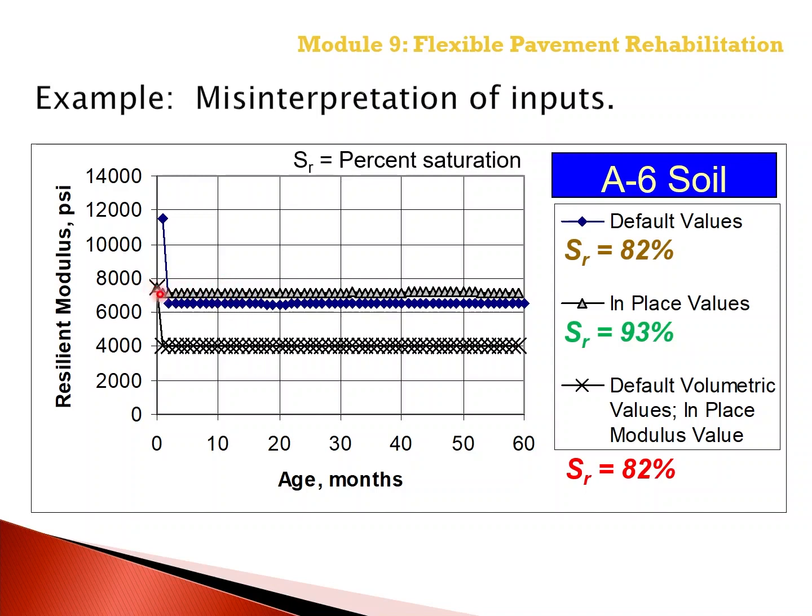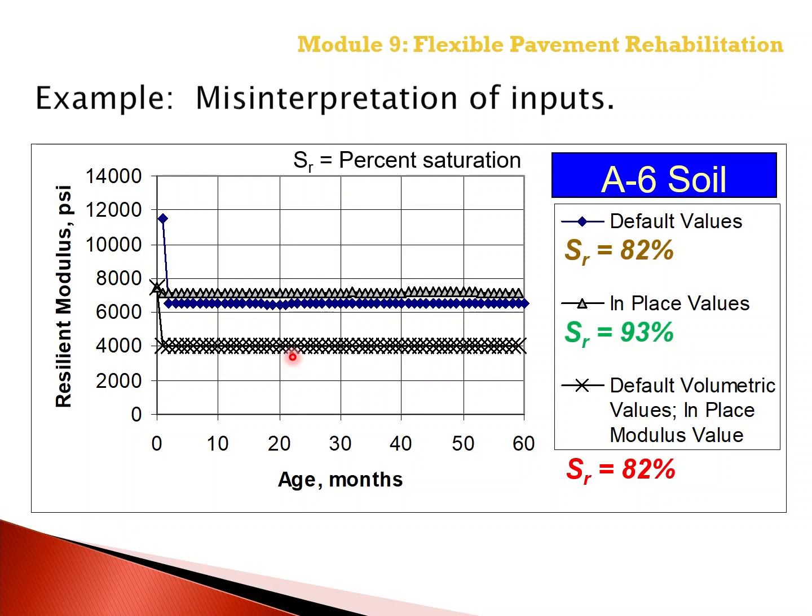However, if we would have used the back-calculated values but the default volumetric properties, then the resilient modulus used in the response calculations, the resilient modulus of the subgrade soil for an A6, is going to be a lot less than what the in-place values are. And so this has to do with misinterpretation of inputs.